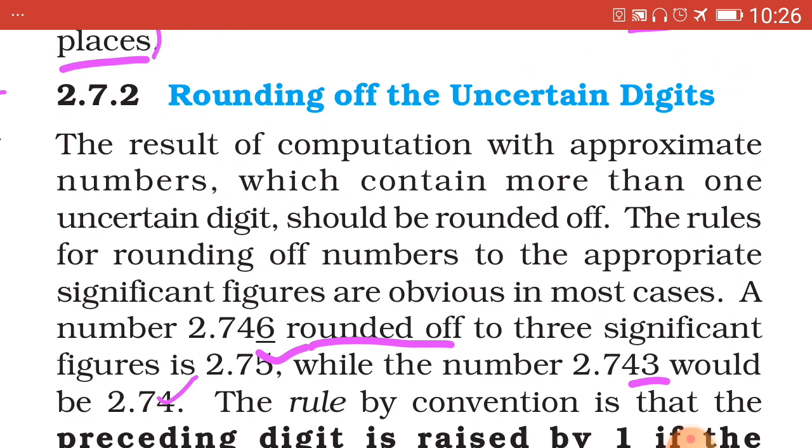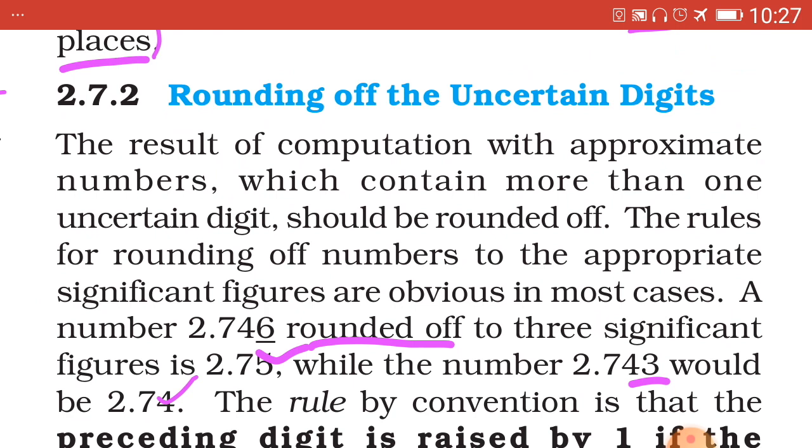Say we consider the number given here, 2.746. The last digit 6, which has been underlined, is rounded off to 3 significant figures, and hence it becomes 2.75. Why?